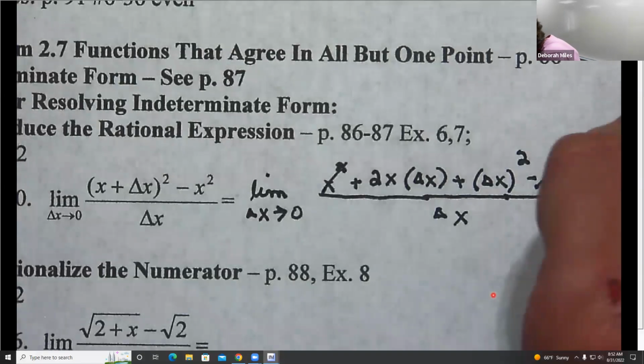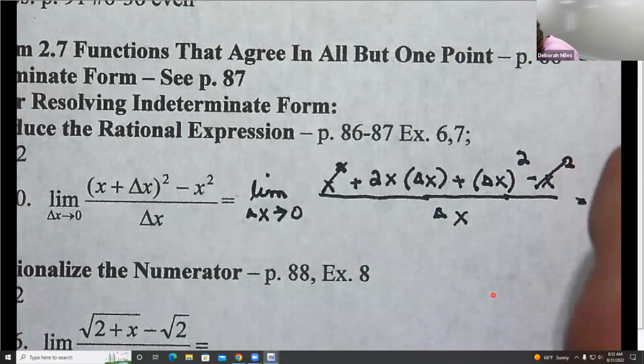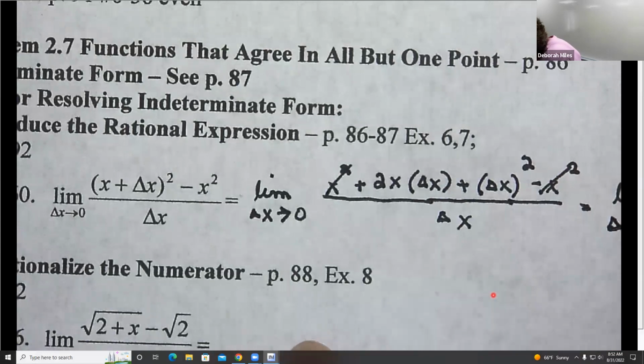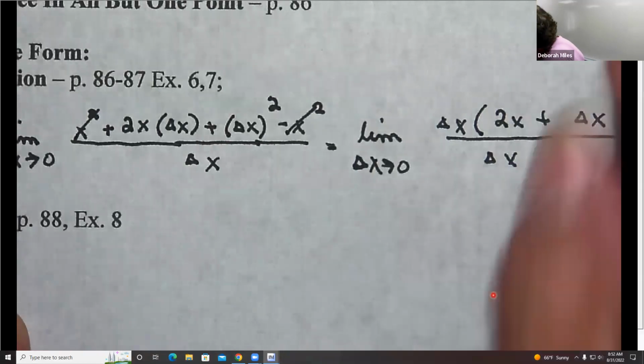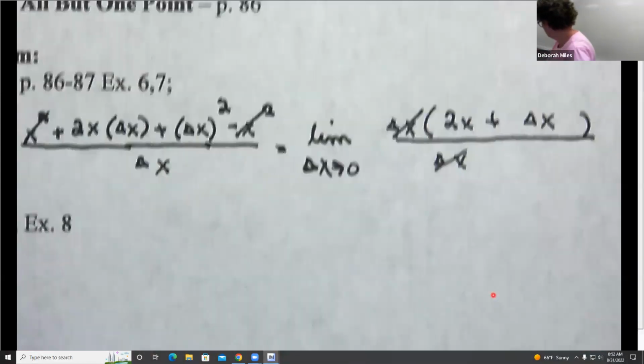Don't lose your limit notation. Factor a delta x out of that numerator, and what will be left inside that numerator? 2x plus delta x. Cancel those delta x's now that you've factored them out.